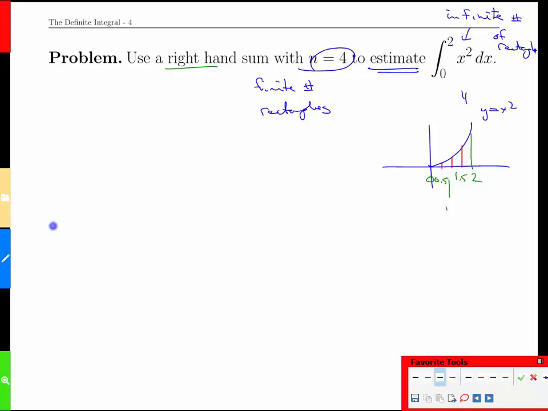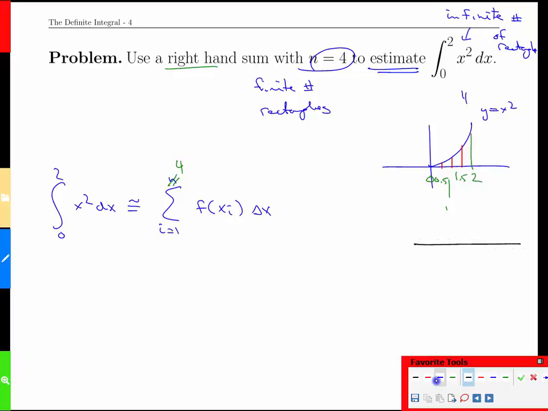So what we would say here is that the integral from 0 to 2 of x squared dx is going to be approximated by, here I'll write out the gory sum notation to see the parallel again. It'll be the sum from i equals 1 to n usually, but here we've been told we're going to use 4 intervals exactly. The right-hand endpoints have the sum of x sub i.